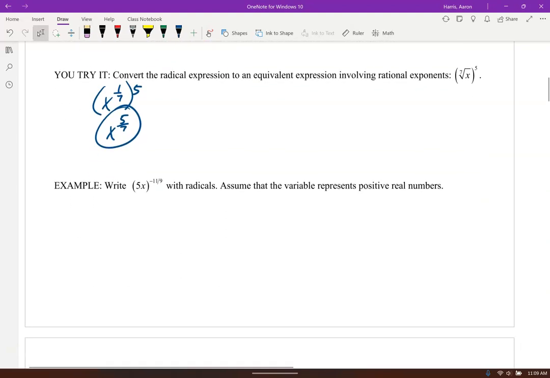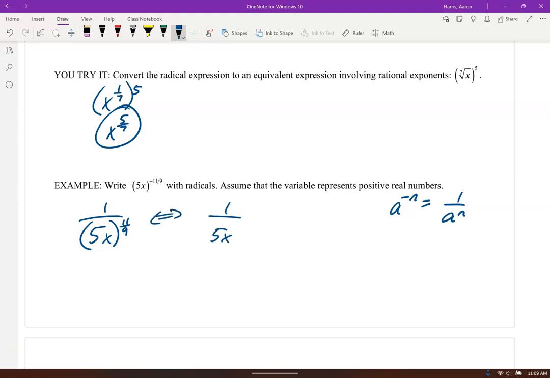All right, let's go ahead and write this now in our radical notation. So 5x to the negative 11/9. First of all, that's a negative exponent. If you remember, a to the negative n is 1 over a to the n. So I'm going to take that down to the bottom and make it to the 11/9. And now let me rewrite that as, this is 5x to the 1/9 to the 11th.